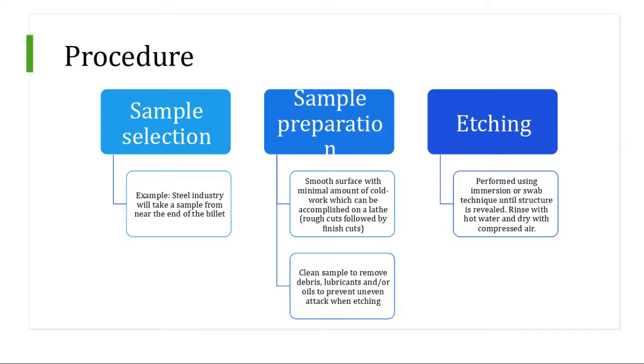And then when you etch, these are typically performed using immersion or swab techniques until the structure reveals itself. Once the structure has been revealed and you're satisfied, then you'll rinse it off with hot water, and then you can dry it under a hot gun, or just blow it off with compressed air.